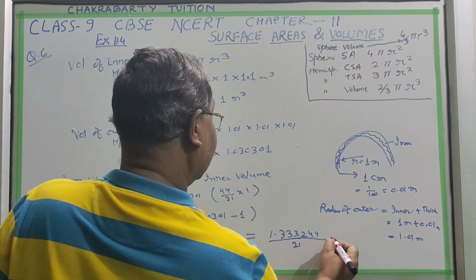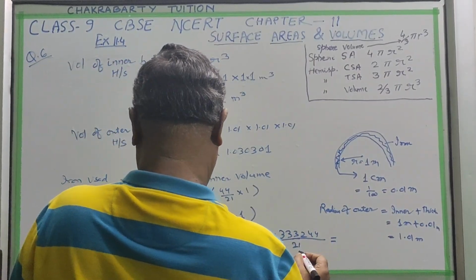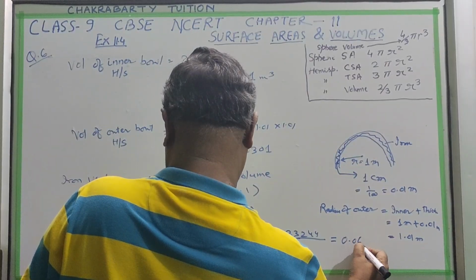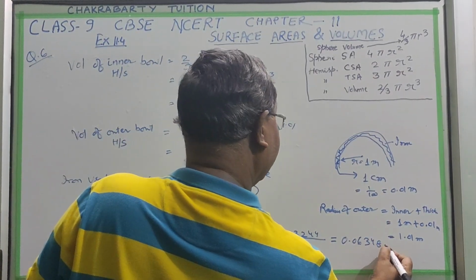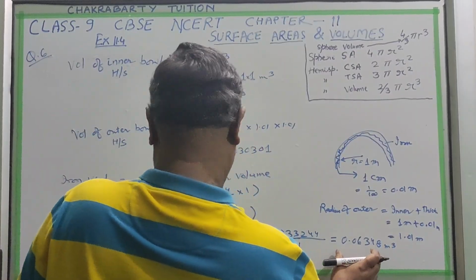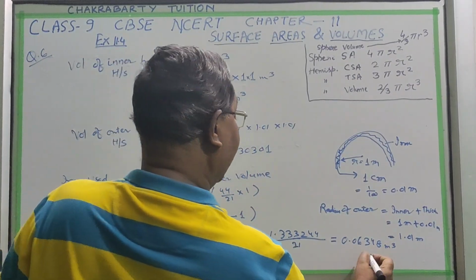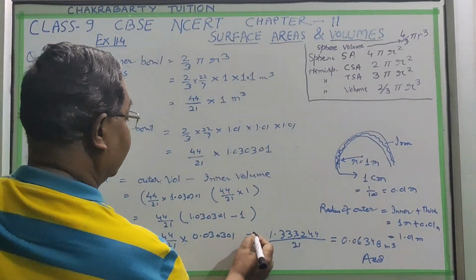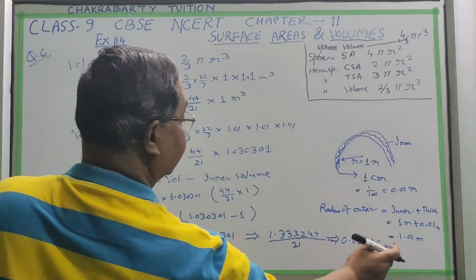So this will be equal to 0.06348 meter cube. Okay, this will be your answer.